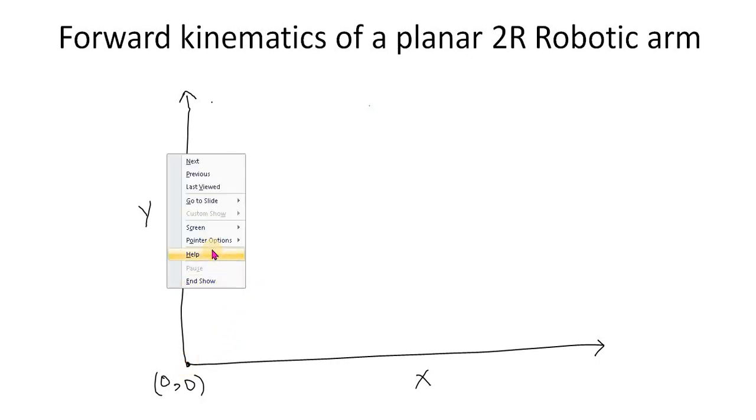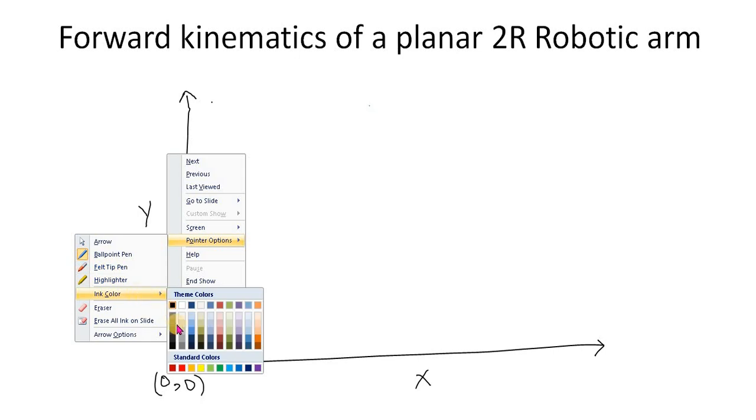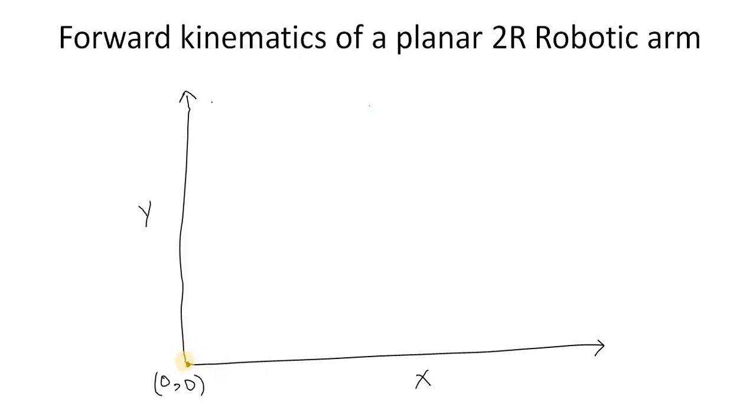Then we have our link 1. Link 1, we can represent it using a different color. Let's make the angle somewhere here, and then here we have a joint, and then we have link 2, because this is a 2R robotic arm.